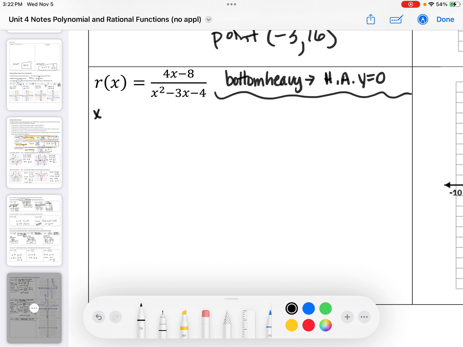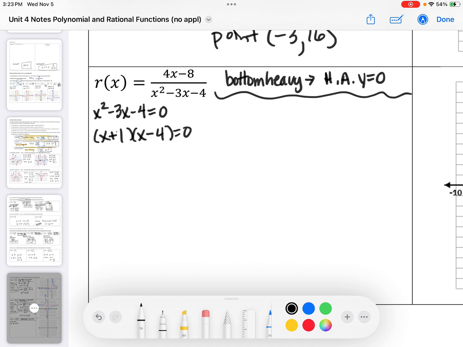Vertical asymptote by setting the denominator equal to 0. Quadratic trinomial, so we're in automatic factor mode. That's not x plus 3, that's x plus 1.